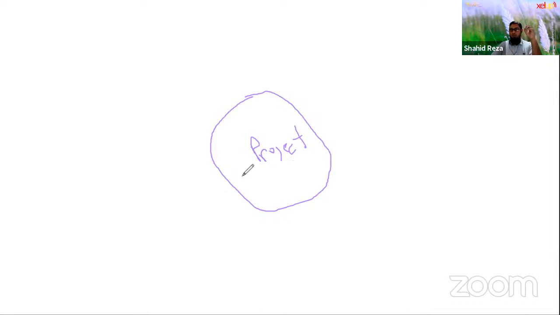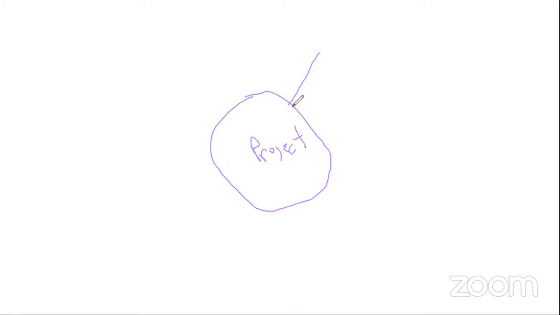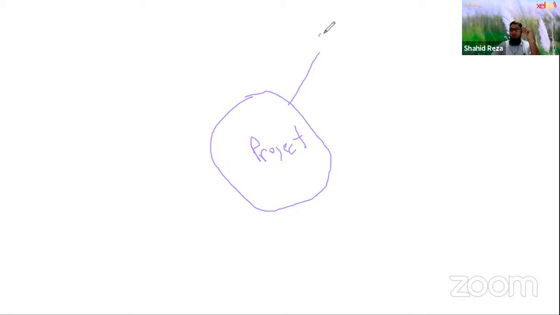When we talk about a project, the first thing that comes to our mind is what we are going to get from this project. That is known as the scope. All right. What we are going to do is known as the scope of the project.